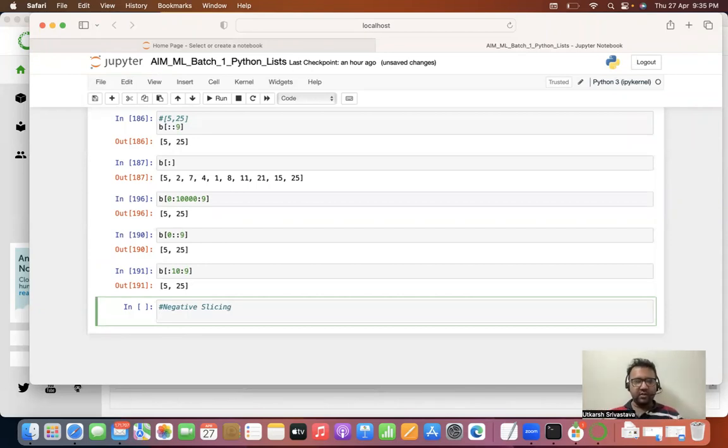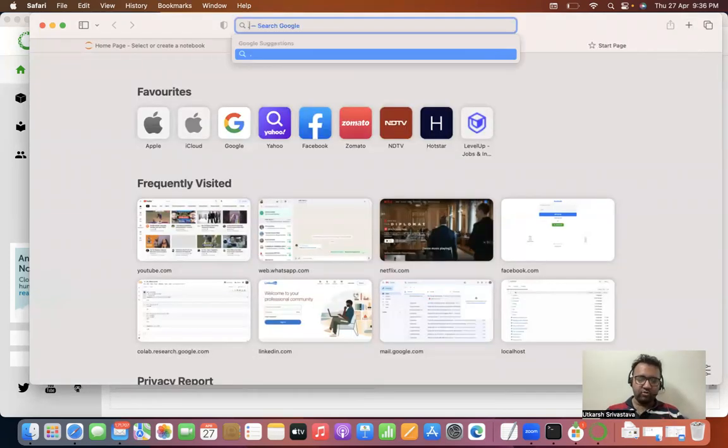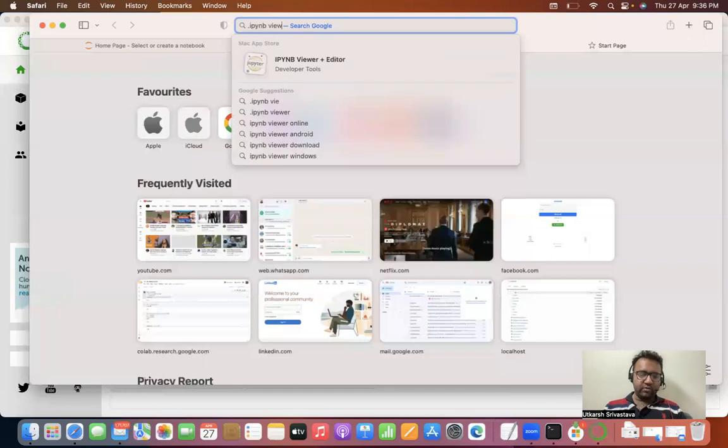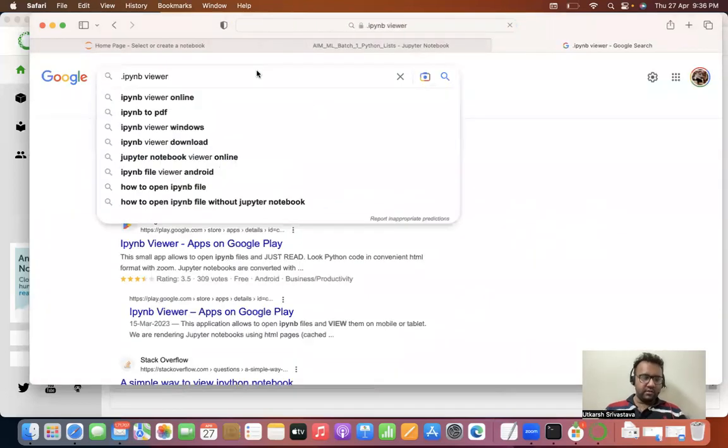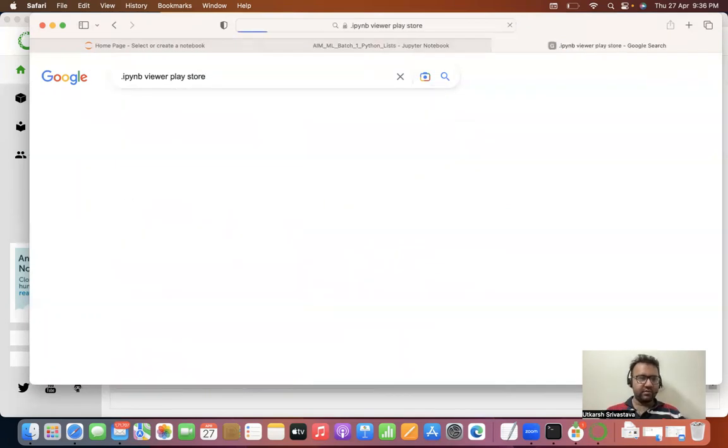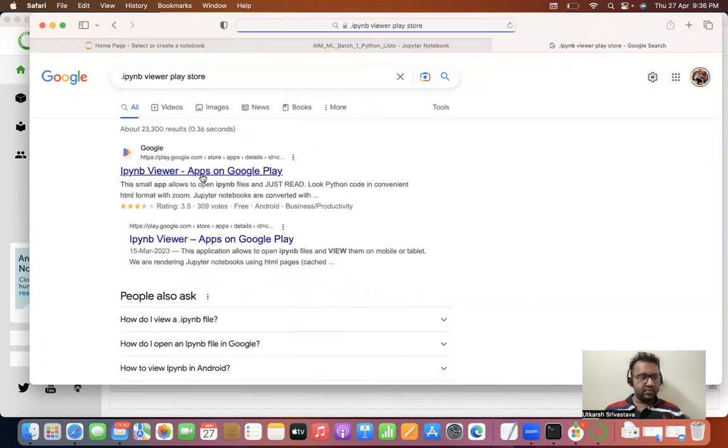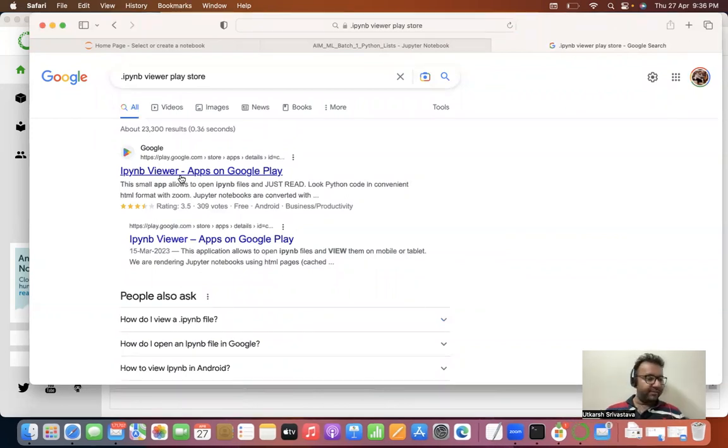Ravi, do you have an Android phone or an iOS? Mobile is Android, but I have a MacBook. In Android you can download the .ipynb viewer from the Play Store. And for Mac, iOS also there is one.